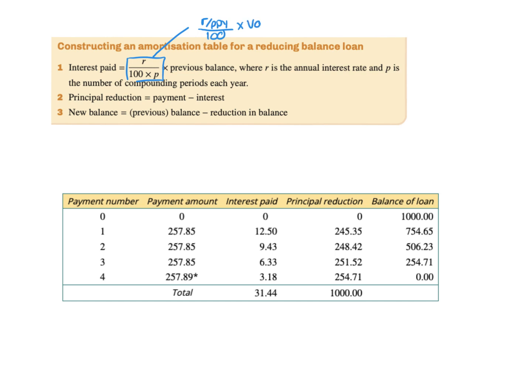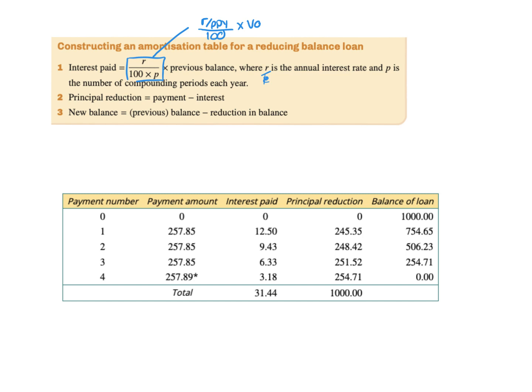That's how we would work out our interest. They're saying P for principal there, and where R is the annual interest rate. All right, so we're going to have a look at this.